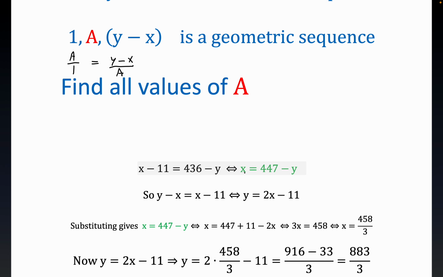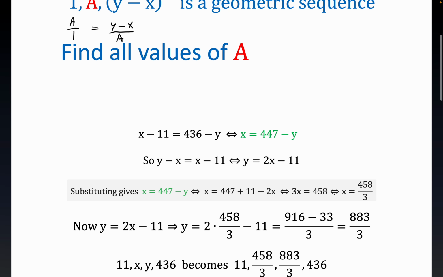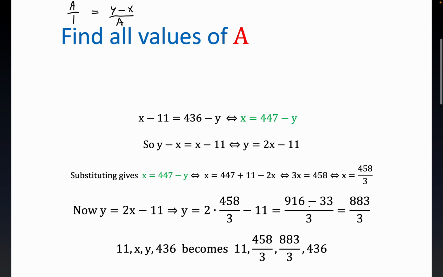Hopefully I left enough information here where it makes it clear. So we get x is equal to 458 over 3. Notice once we find y and x, we'll be done because a squared will just be equal to that difference.